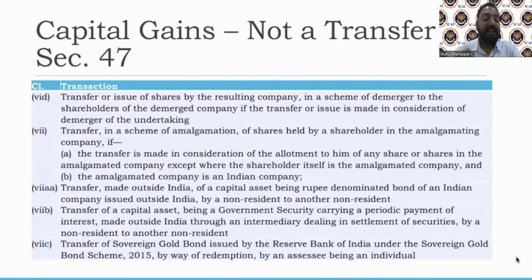The next thing, transfer of shares of resulting company. Earlier we said assets, right? Properties of amalgamating and demerged company. Now we are saying shares by resulting company.